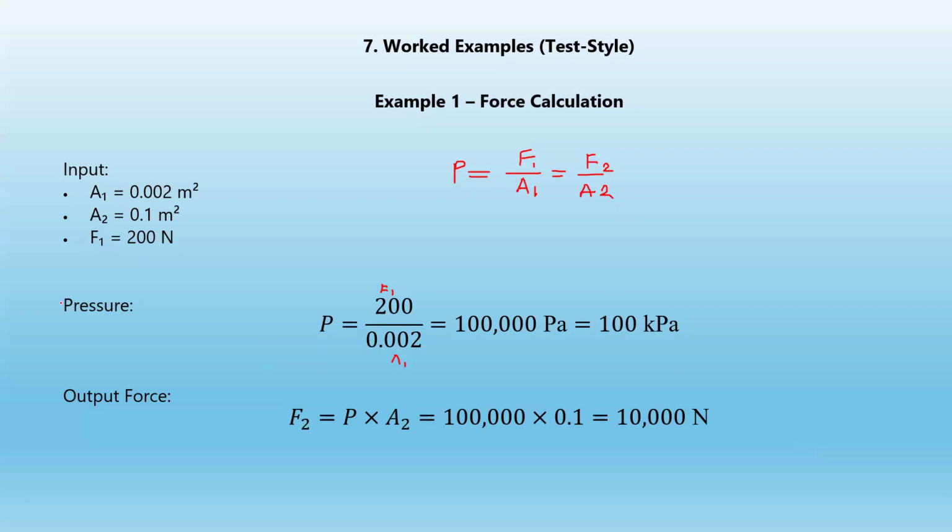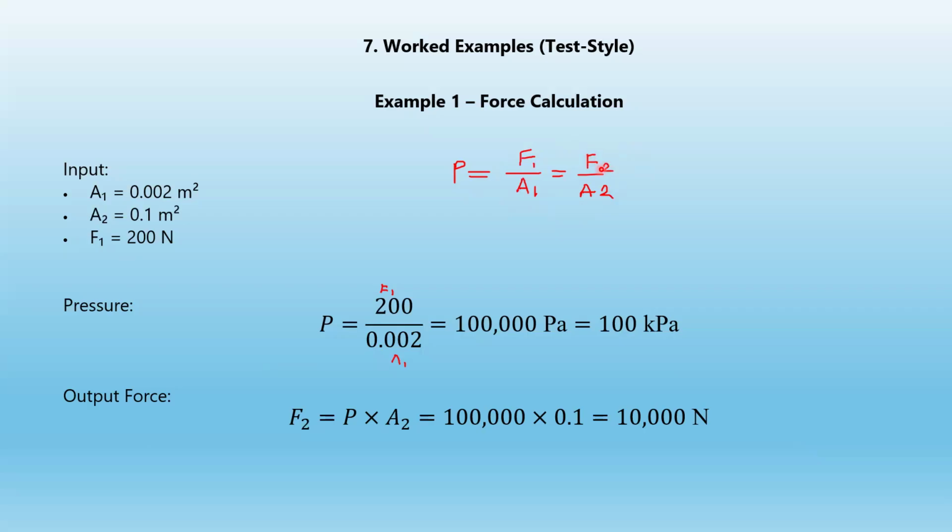So can we tell the output force, which would be the force 2? Yes, we can. We just apply that formula, and we rearrange things a little bit because we just want to find force 2. Looking at the proportions, here's the equal sign.